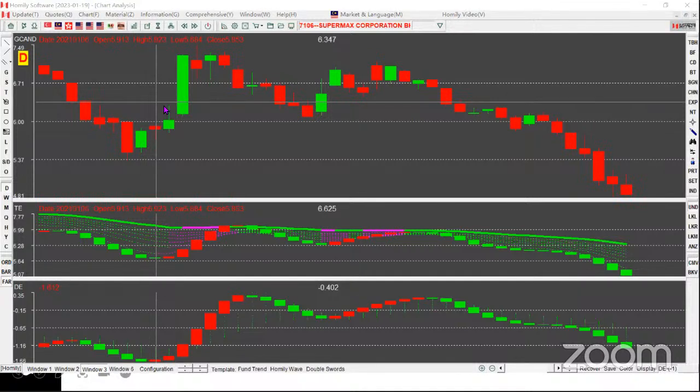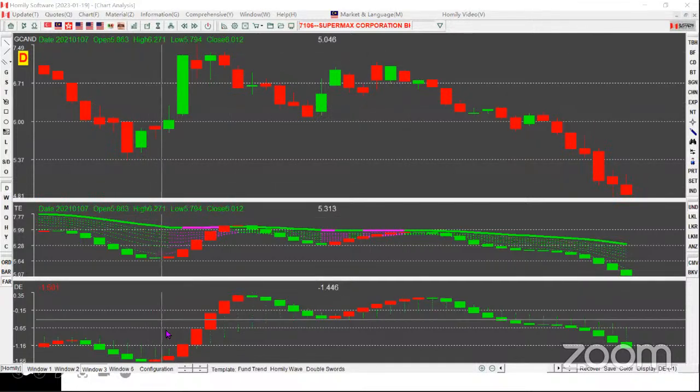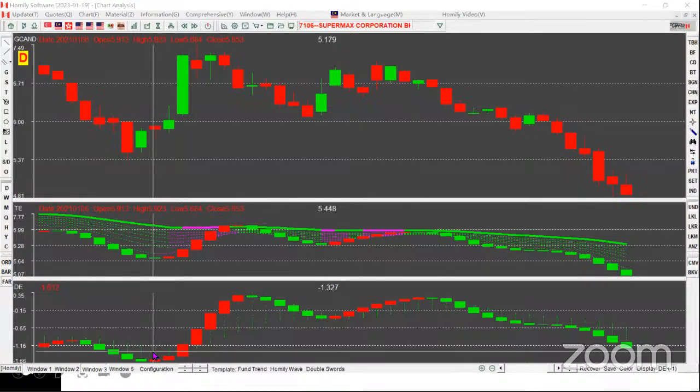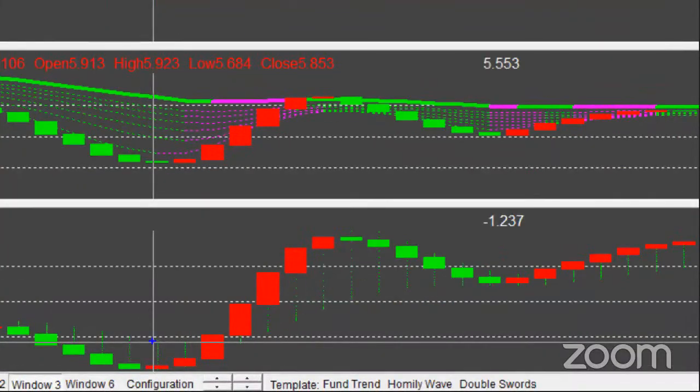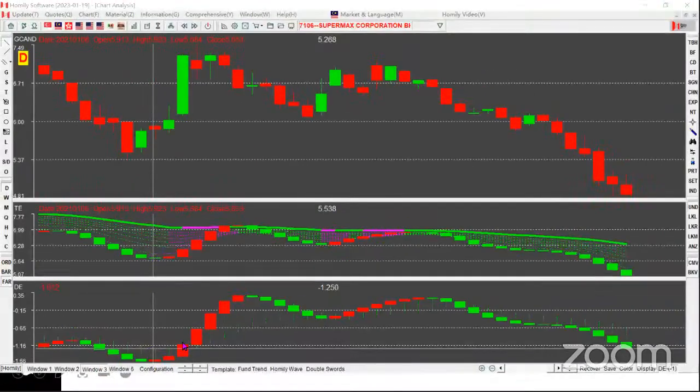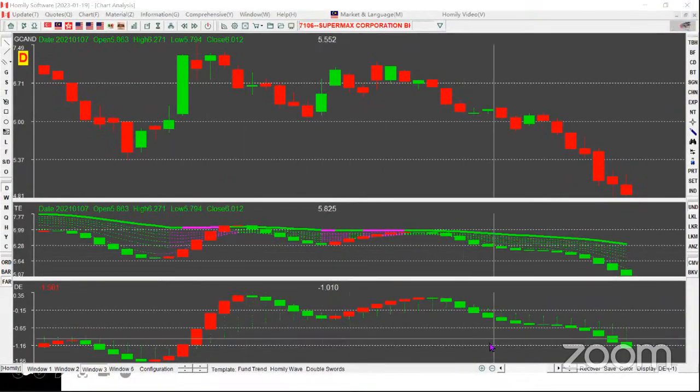So if you want to catch the bottom, this one gives you the faster buying signal. For example here, on January 6th it gives the first red, green to red, but TE is 1 day later before it gives the first red. So this is quite an interesting sign.